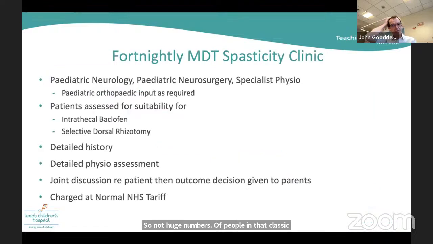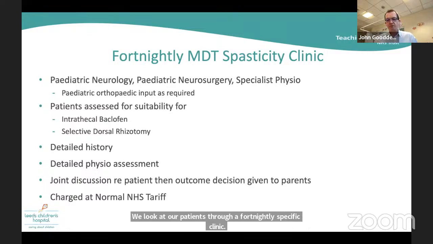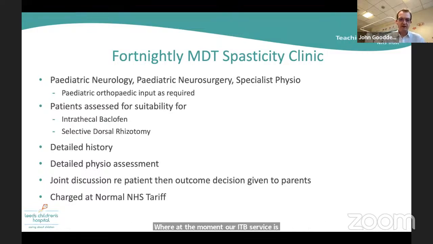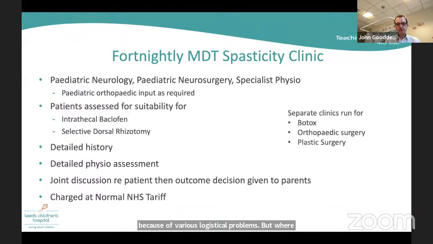We look at our patients through a fortnightly spasticity clinic, where at the moment our ITB service is not running because of various logistical problems, but where we're looking at them to consider the role of SDR. And we run it as an MDT service. If necessary, we can get input from orthopedics and plastics.